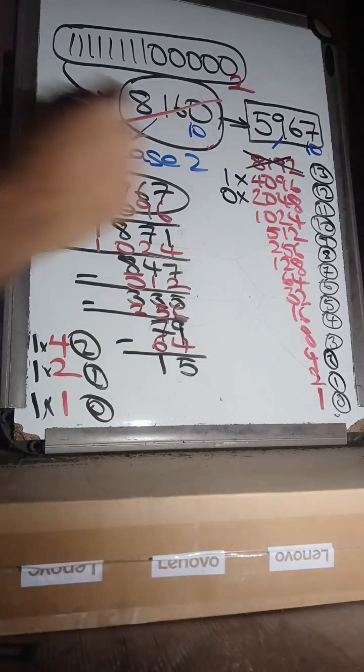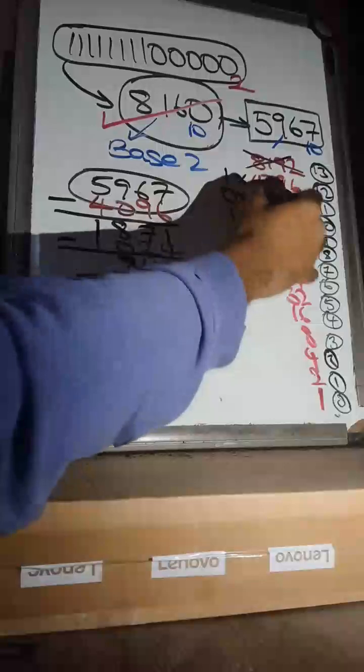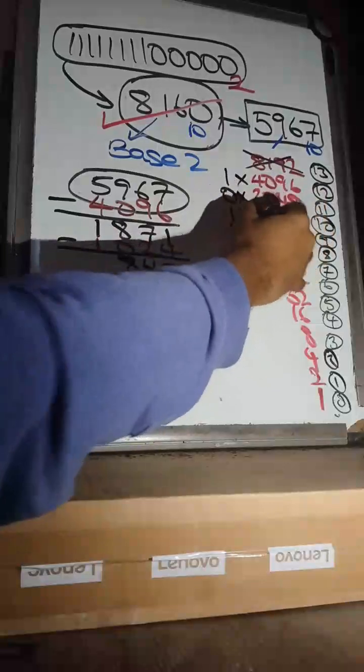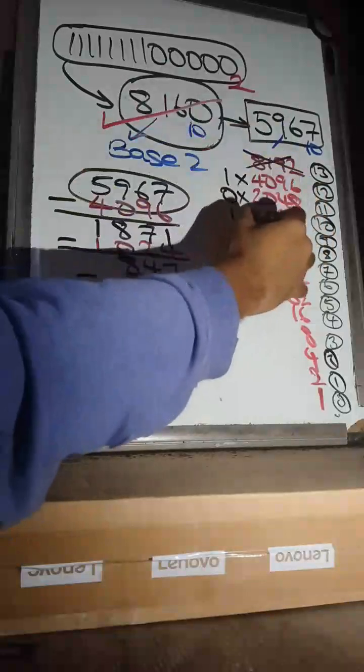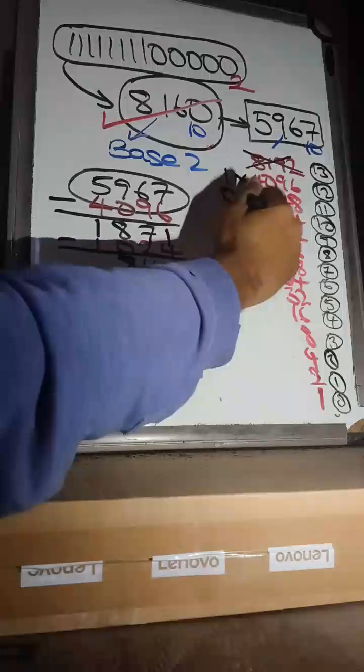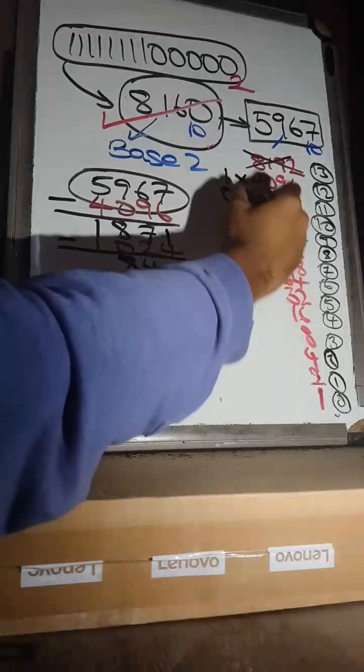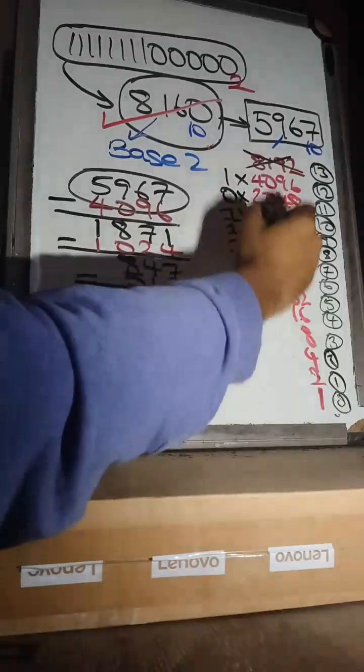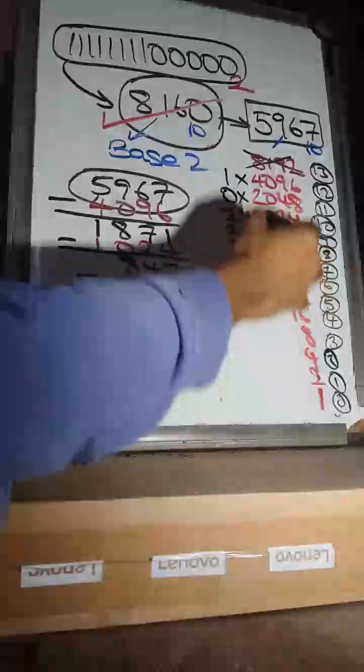We used one of 1,024, one of 512, and 256.